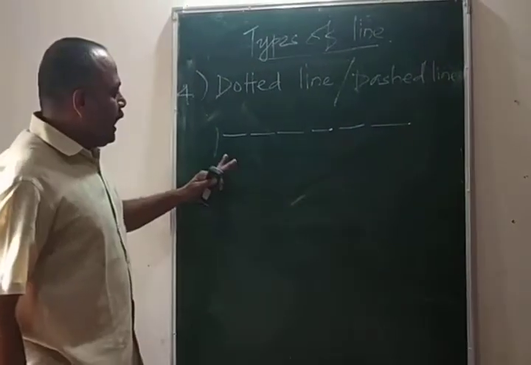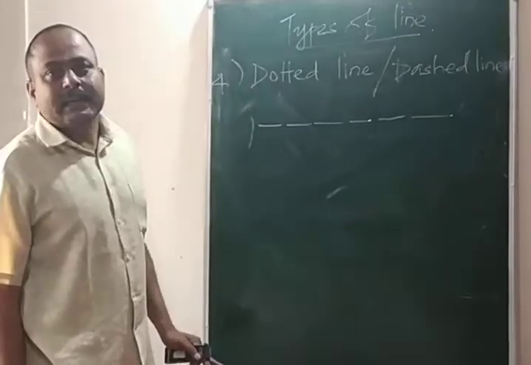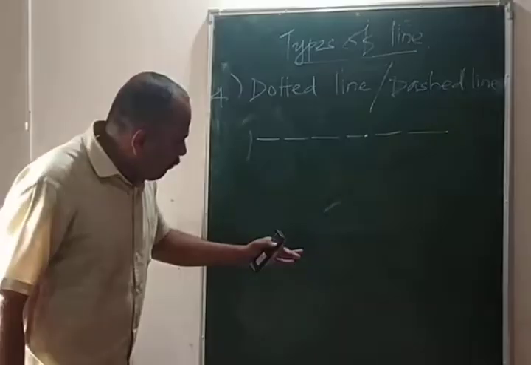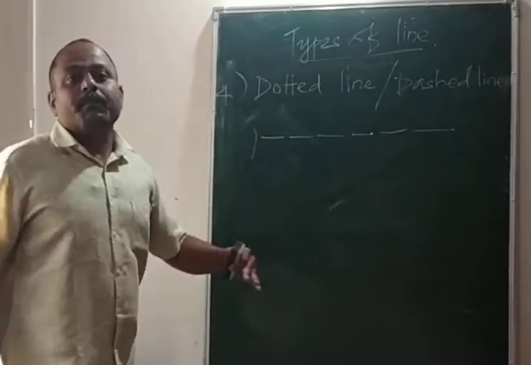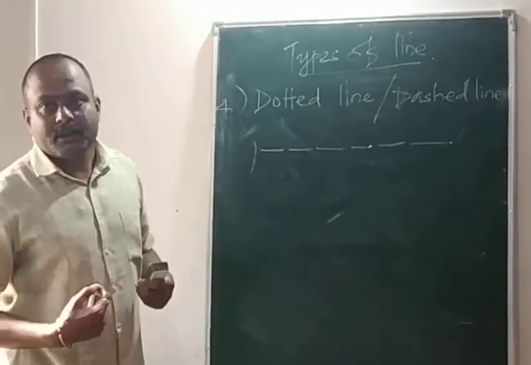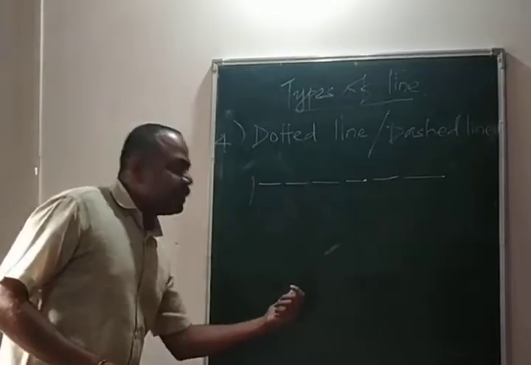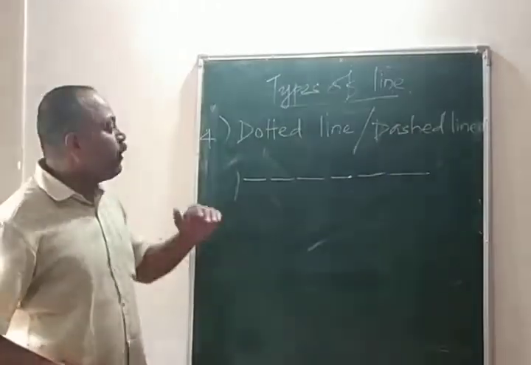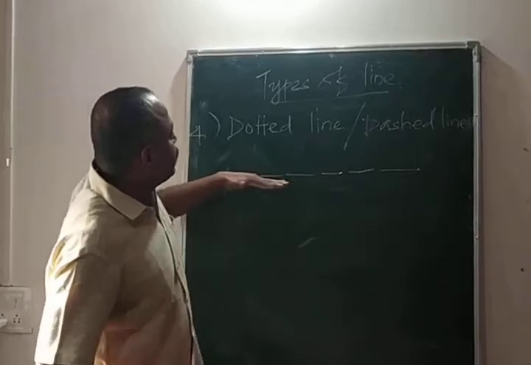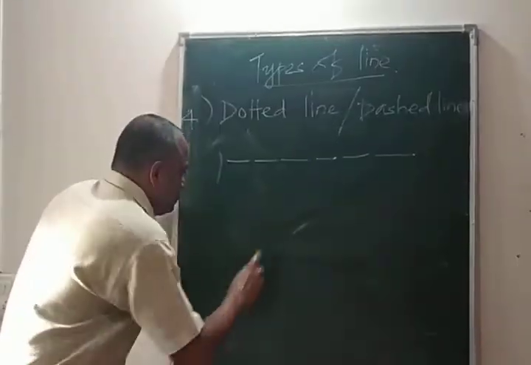Whenever I am going to draw a three-dimensional view of any object, some edges or some portion of that 3D view I cannot visualize. But showing those edges is most important, and for that purpose I have to draw dotted lines.